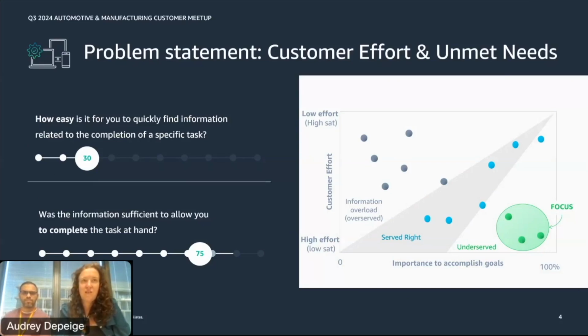The opportunity is big for us because 1 out of 3 colleagues expressed that it's difficult or extremely difficult to find information, for different reasons, of course. One of which, as you can see on the right of the slide, is that we actually have a lot of information available, but for different reasons it takes them very high effort to reach that information, and that information is critical to complete the task. So that's our area of focus for the virtual assistant.